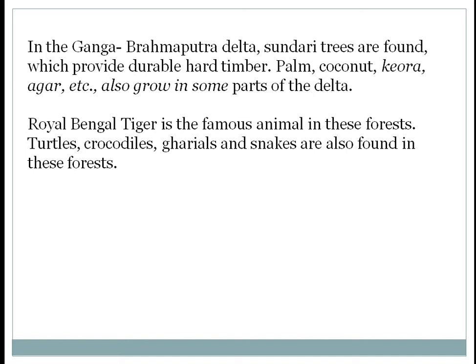Next, montane forest. In mountainous areas, the decrease in temperature with increasing altitude leads to a corresponding change in natural vegetation. In such areas, there is a succession of natural vegetation belts in the same order as we see from the tropical to the tundra region. The wet temperate type of forests are found between the height of 1000 to 2000 meters. So here is the bifurcation of these according to altitude.